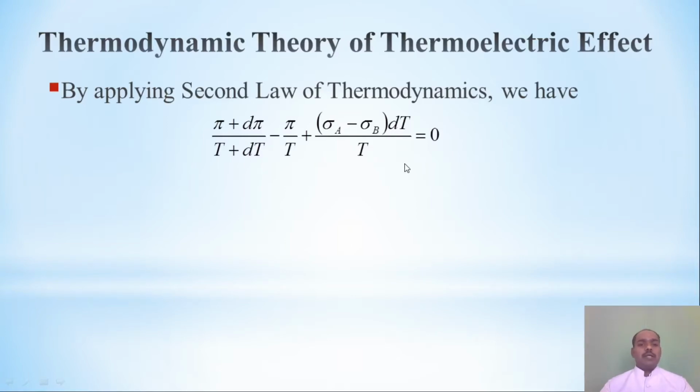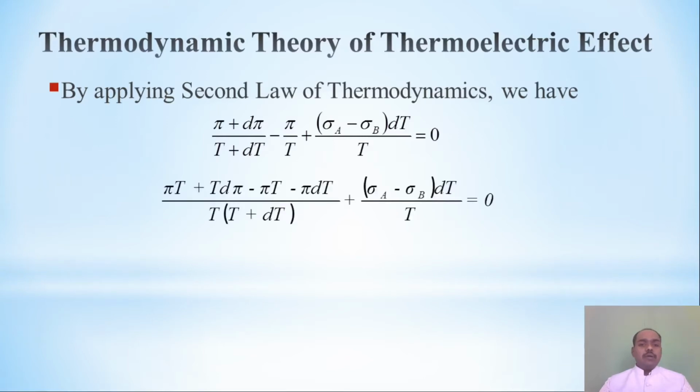This is by using the second law of thermodynamics, combining the effects due to Peltier and Thomson effects. If we simplify this, T into (T plus dT) is the LCM for these two terms. We will get pi T plus T d pi minus pi T minus pi dT, plus I have written this term as it is.